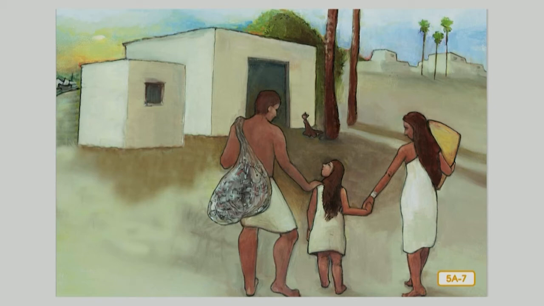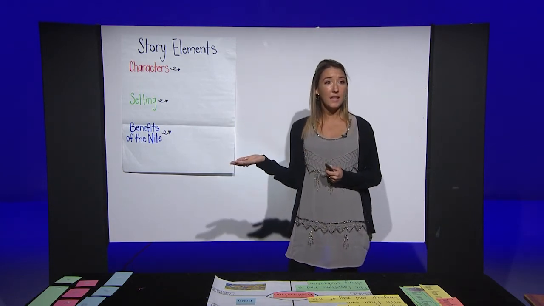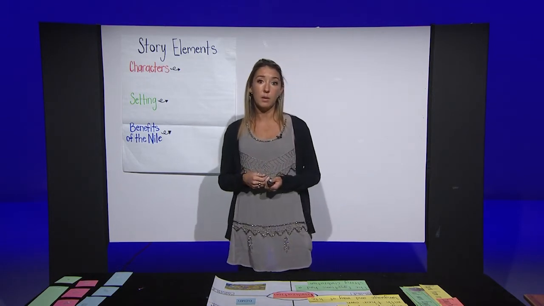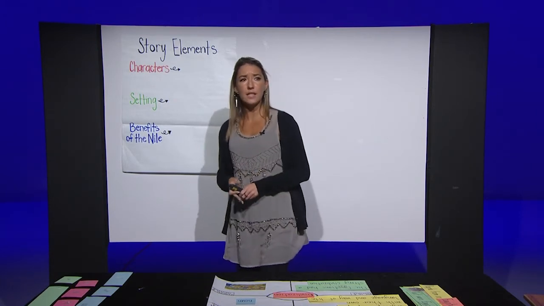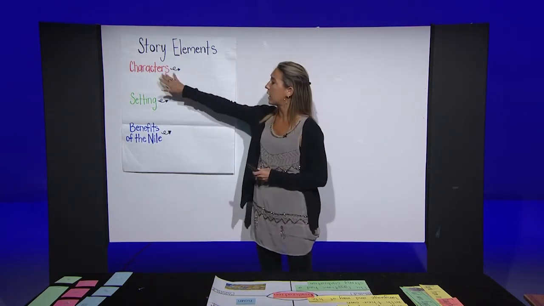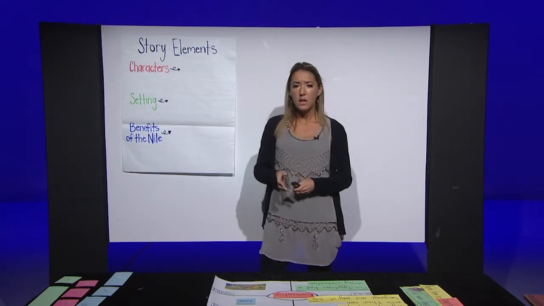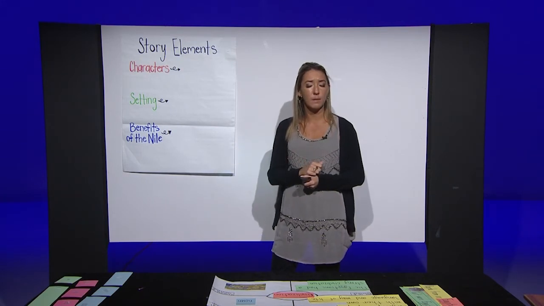All right, so let's come back and let's discuss some of those story elements that we heard together in our story. Remember we said some pieces were going to be factual and some pieces were going to be make-believe or not real. So who were our characters? That's a story element. That's going to tell me who or what is in my story. Can you think of a character that we just read about?